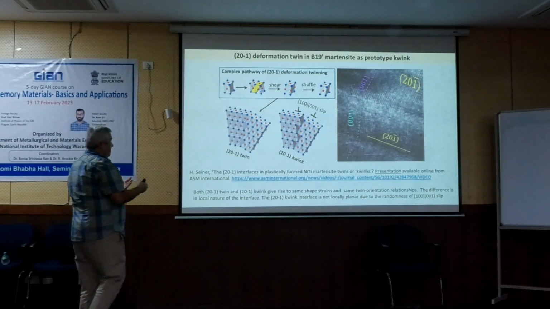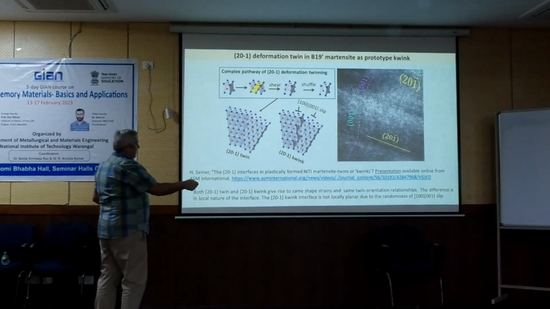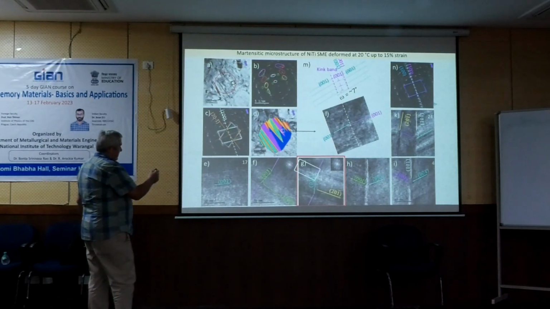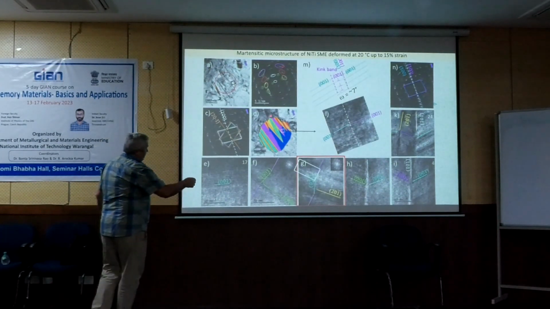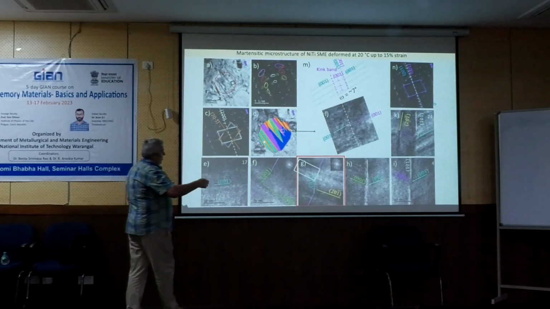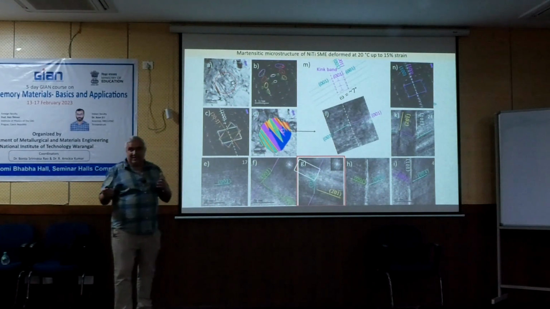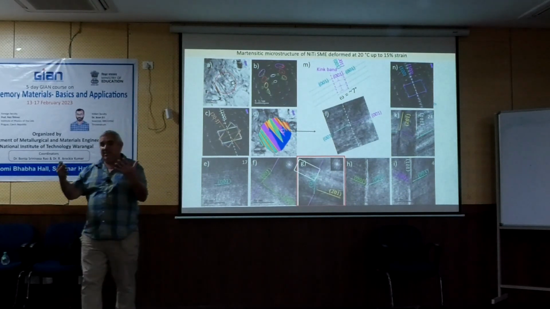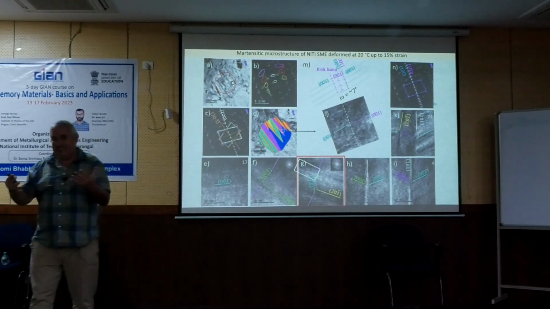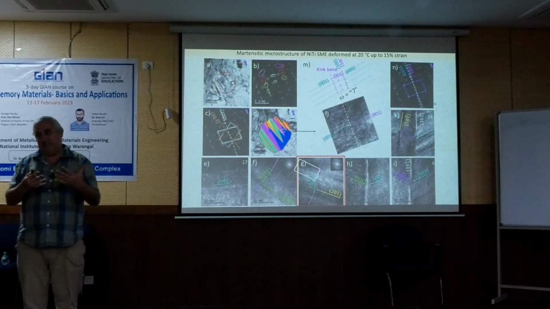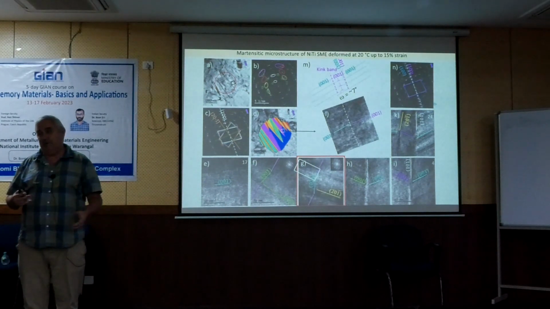It is slip mediated, but it forms bands, and this microstructure, because the bands are formed by slip, is strain compatible. Every interface is strain compatible, and the question is, can we come up with a set of deformation gradients? The answer is yes, and that's a part of the theory.